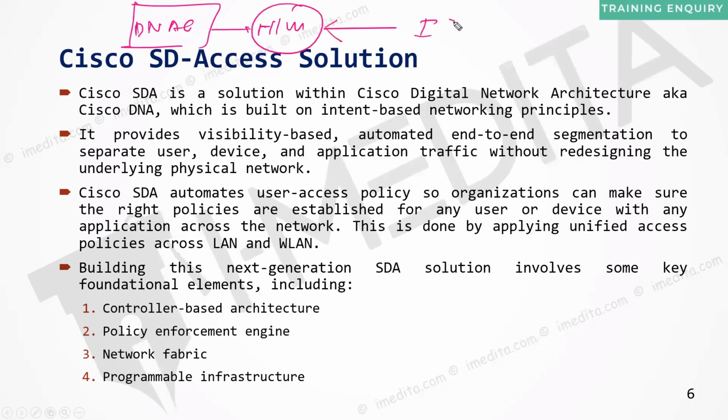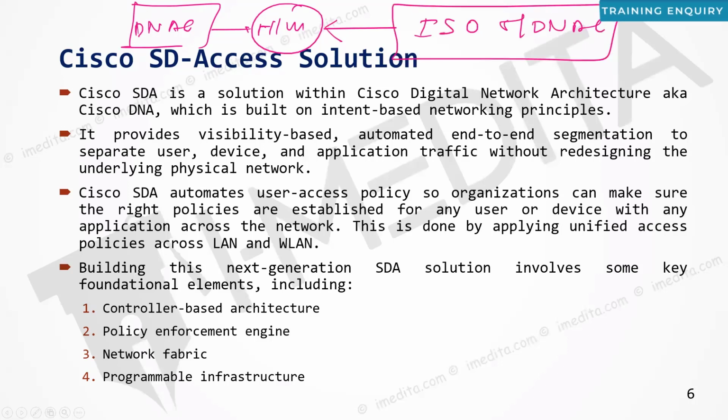In that hardware appliance, there will be an ISO image of the DNA Center that we have to install. Once you install that, just like you install Windows, just like you install the operating system onto your laptop, similarly you have to install the DNA Center on that hardware box, and then you are going to connect that hardware box into your infrastructure, and then you are going to manage the things from the DNA Center.